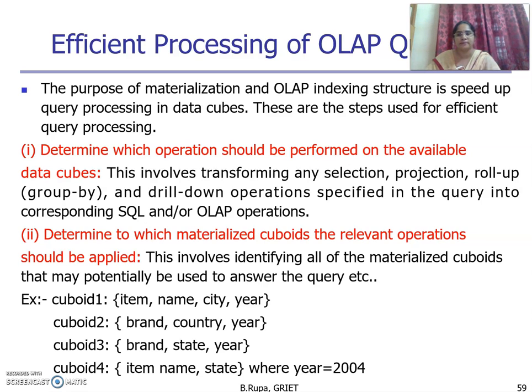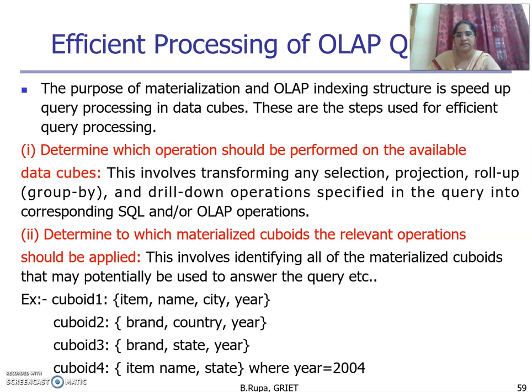The second step is to determine to which materialized cuboids the relevant operation should be applied. This involves identifying all of the materialized cuboids that may potentially be used to answer the query, pruning the above set using knowledge of the dominance relationships among the cuboids, estimating the cost of using the remaining materialized cuboids, and selecting the cuboid with the least cost.